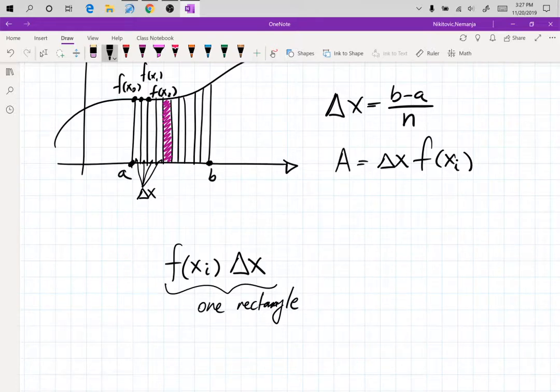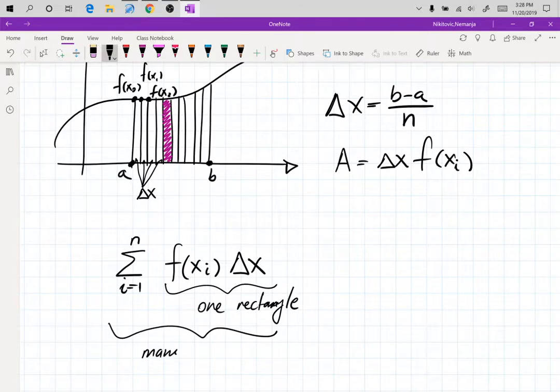And then we said that if we have many rectangles, we can approximate the area. So we said let's add a summation from 1 to some n, and that n is the number of rectangles. So maybe you want 5 rectangles, maybe 10, maybe 10,000 if you're coding this. I hope you already coded this. And when you add the sum, with i equals 1 on the sum, now that's going to be many rectangles.